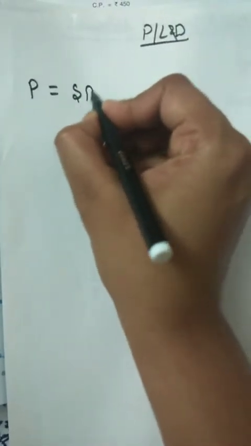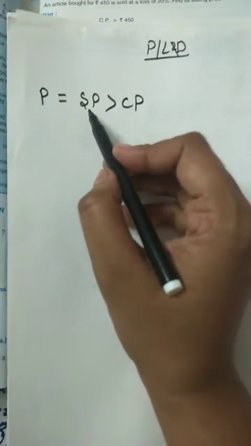In this chapter, that is profit, loss and discount, we are going to learn some important things, and then afterwards we will solve some questions. Profit or gain is something which we get when selling price is more than cost price.